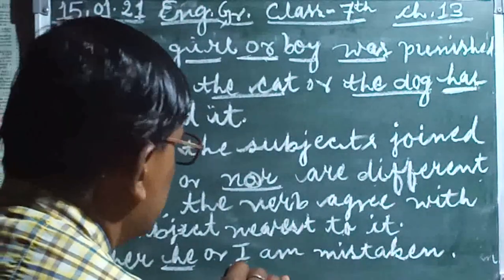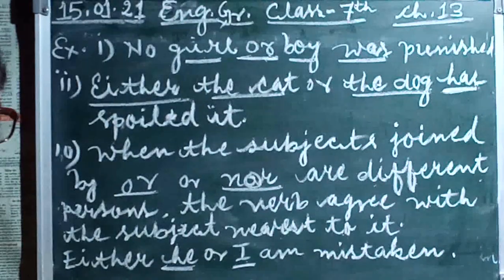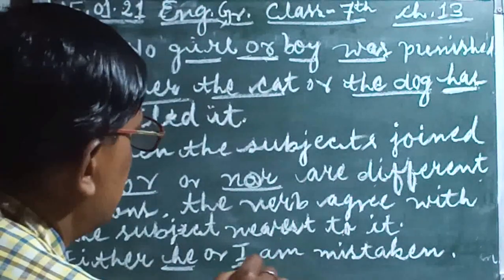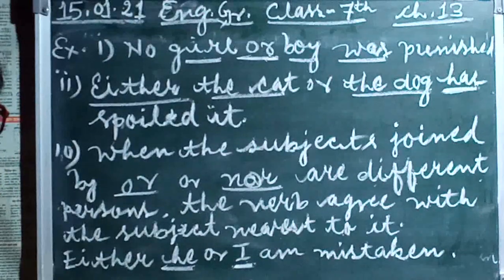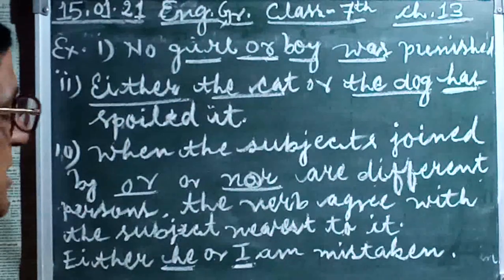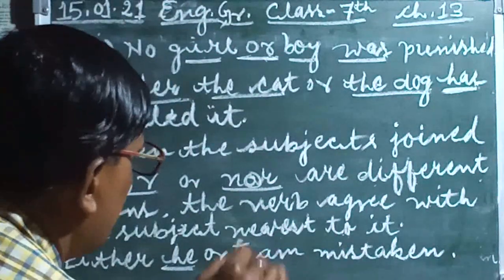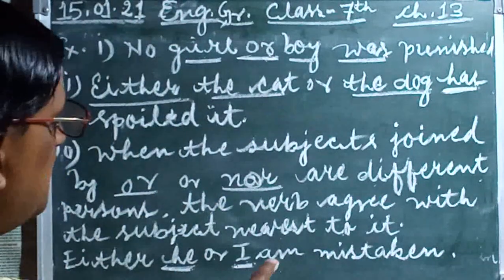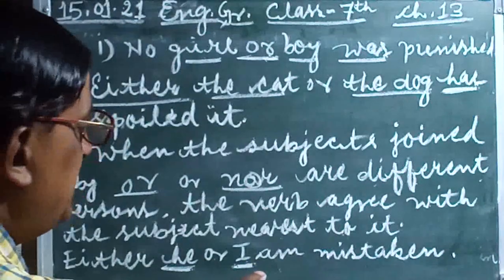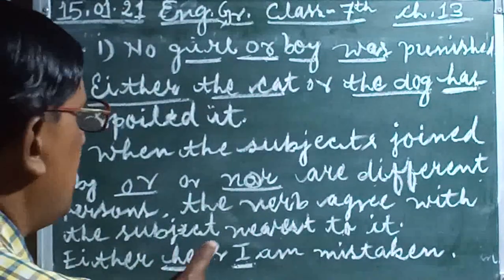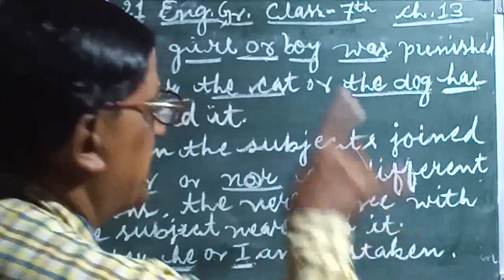I is a singular number but first person subject. So what are we taking here? The nearest subject to the verb is I. That is why the verb is used according to the number and person of I, not of he. That is why I use 'am', not 'is'. So, either he or I am mistaken.